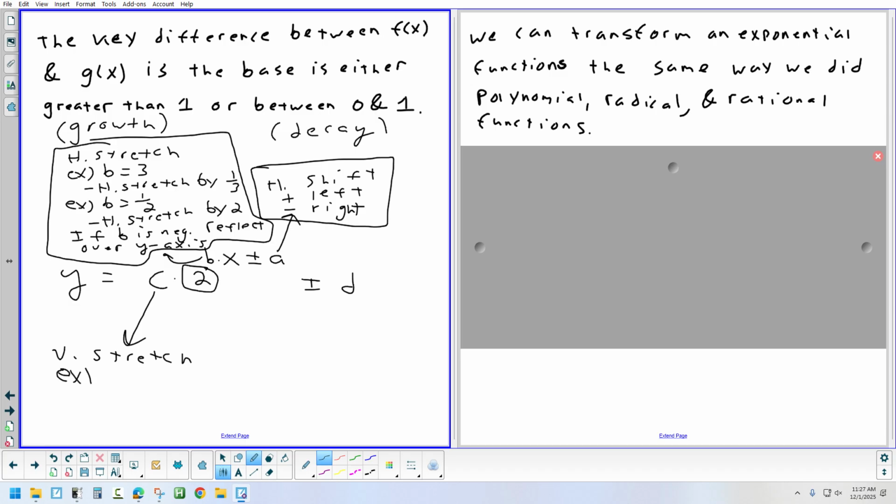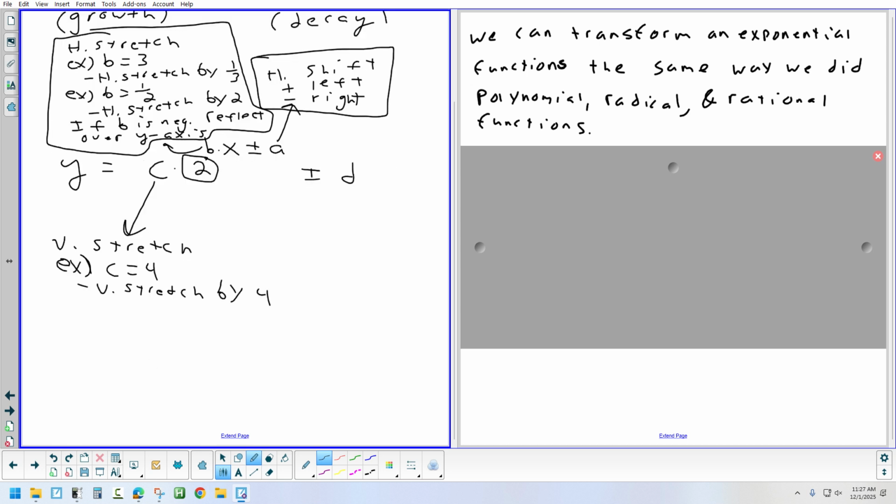And this one is not backwards. So let's say you had C equals 4. That's a vertical stretch by 4. Or by a factor of 4. If C is a half, makes it half as tall.